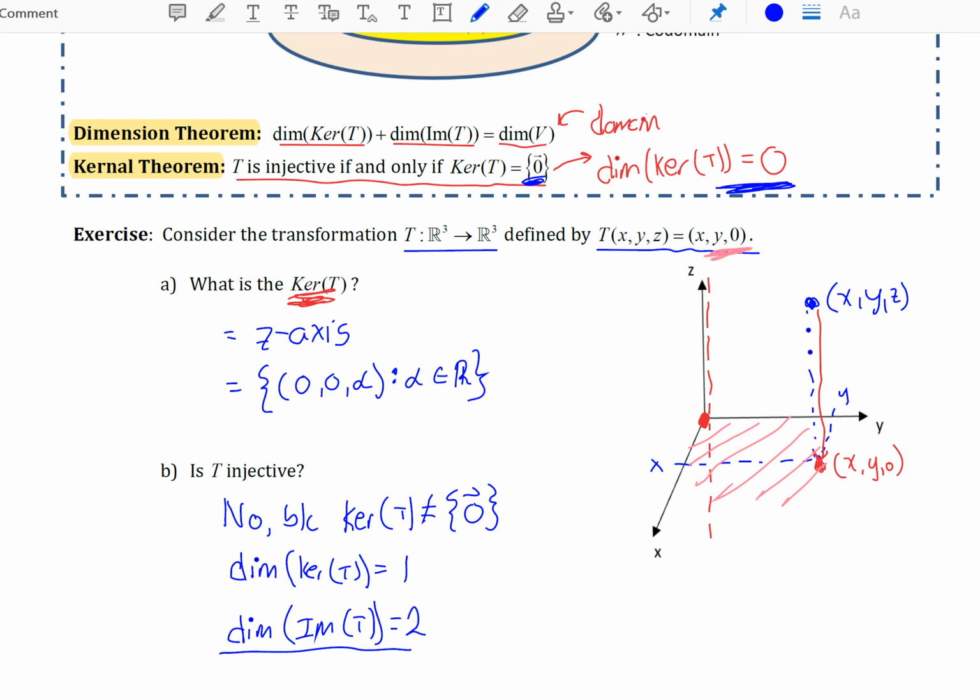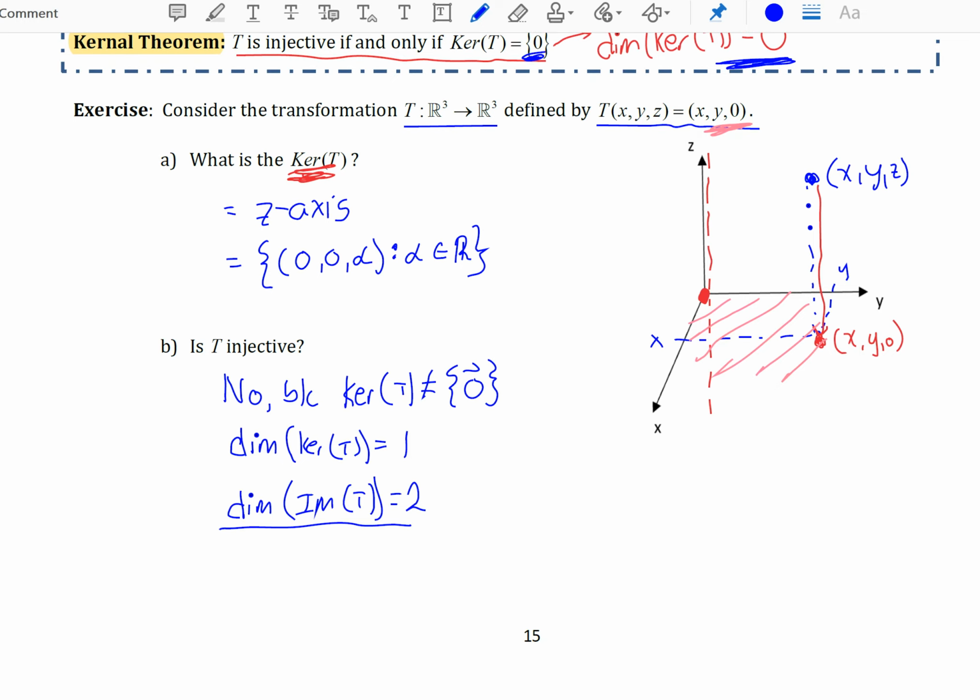So notice now that the dimension of the kernel plus the dimension of the image, the sum of these two spaces, is equal to 3, which is the same as the dimension of the domain. This is great because if you ever know the dimension of the kernel, you automatically have to know the dimension of the image because it has to be whatever's left of your domain.